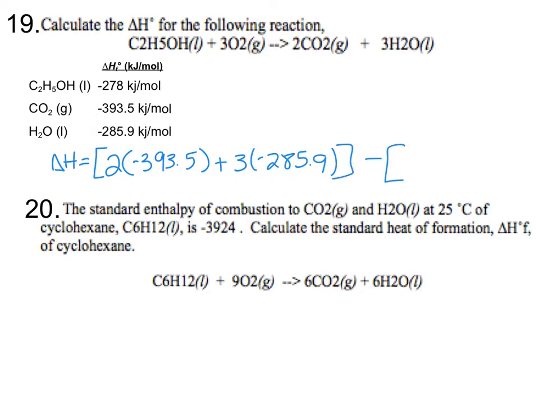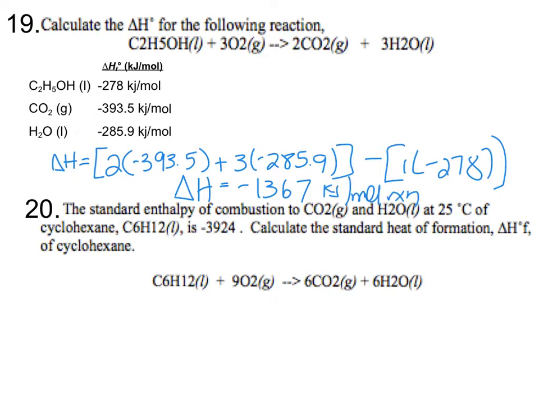Minus, I have my ethanol at 1 times negative 278. And notice I have a free element there. It's not even in the table. So when you don't have a delta H of a free element, that's cool because it's 0. So we put that. You can put this straight in your calculator if you use your parentheses and brackets appropriately for order of operations. So delta H is equal to negative 1,367 kilojoules per mole of reaction.